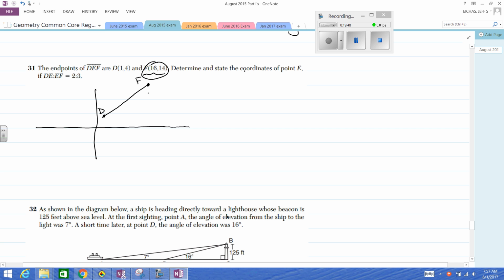Okay. Now, partition a segment. You're trying to cut the segment into the number of equal parts that you need, and then find the location of maybe all the points. Let's do that. So partition a segment. Let's understand a ratio of 2 to 3 means we want to make 5 equal parts.